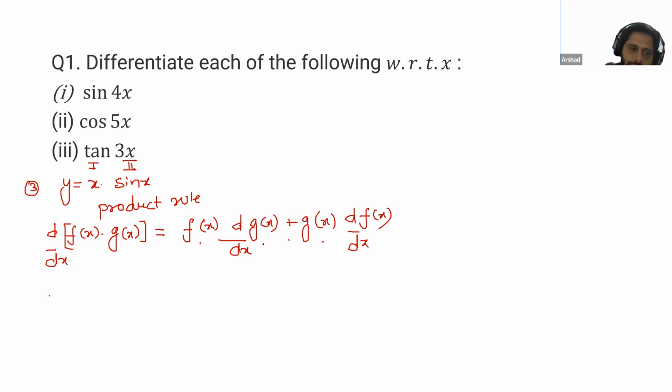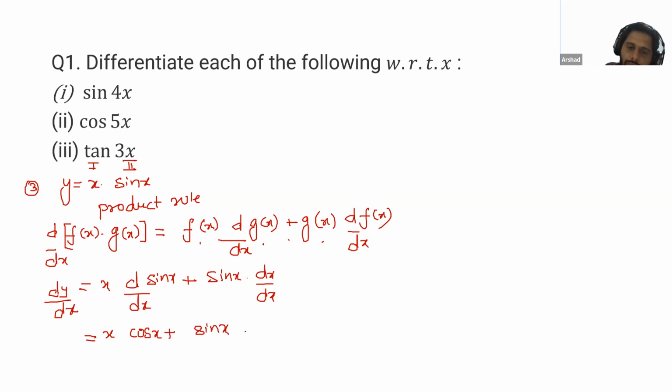So dy by dx: I write x as it is, differentiate the second one, sine x, plus sine x as it is, differentiate the first one, that is x. So I get x into cos x, the derivative of sine, plus sine x, and the derivative of x is 1. So the final answer is x cos x plus sine x.